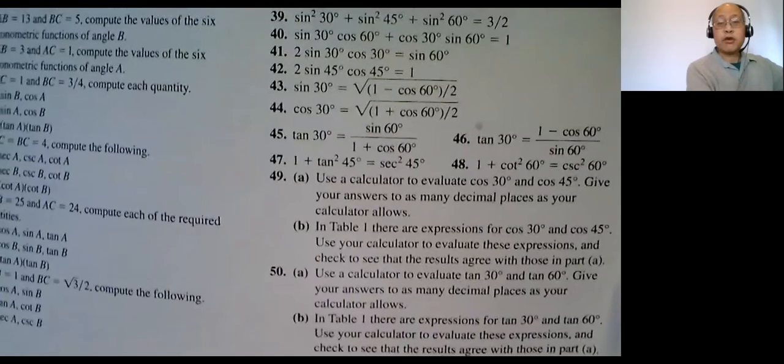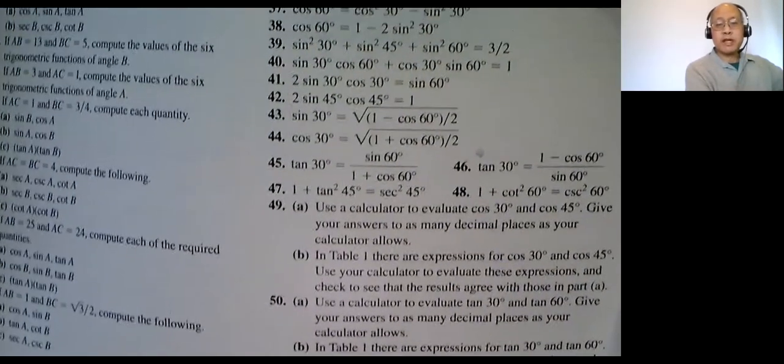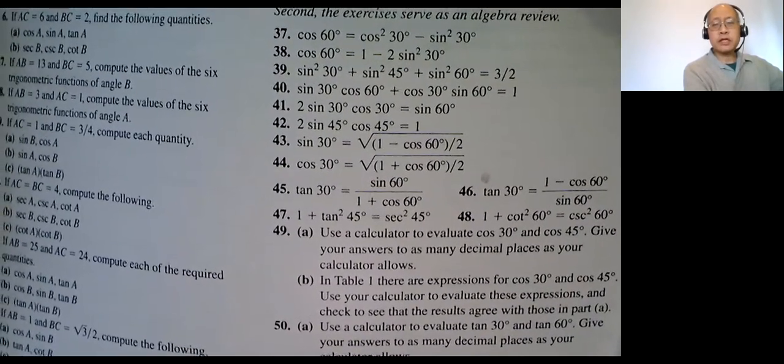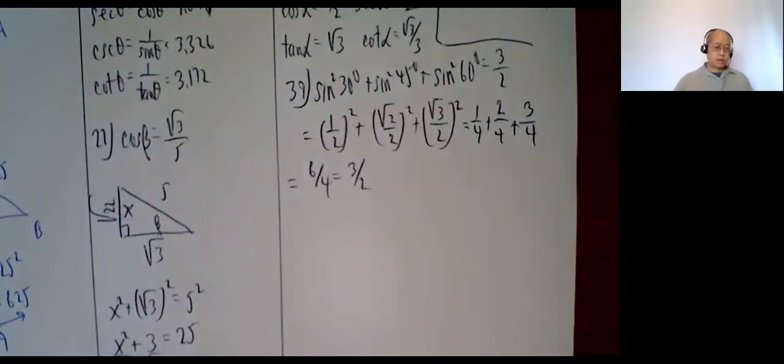Okay, 43 looks kind of complicated, but we're going to see that as a formula later. Sine of 30 degrees is the square root of 1 minus cosine 60 degrees divided by 2. Okay, how do you do that?